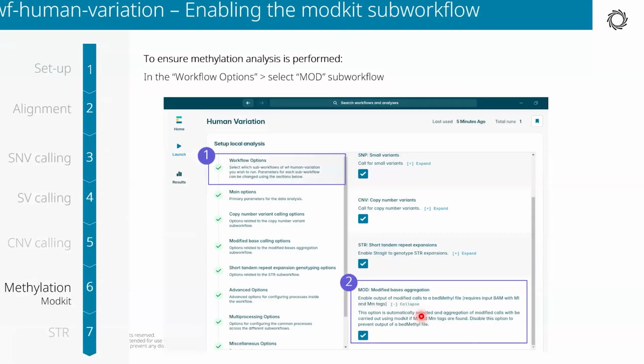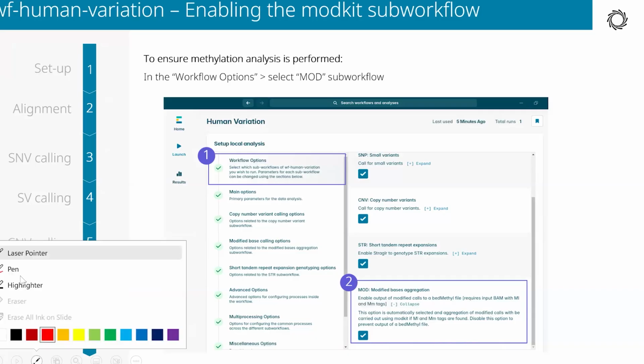Okay, so we're going to go into a little bit more detail with the human variation workflow, since that's probably one of the ones you're maybe more interested in. If you're looking at methylation information for the human variation pipeline, essentially the pipeline has a number of sub-workflows, and you can select them on the workflow options page.